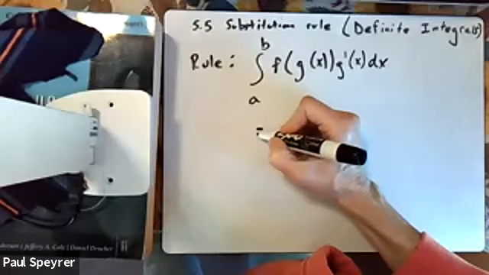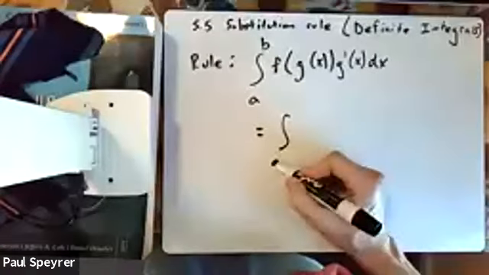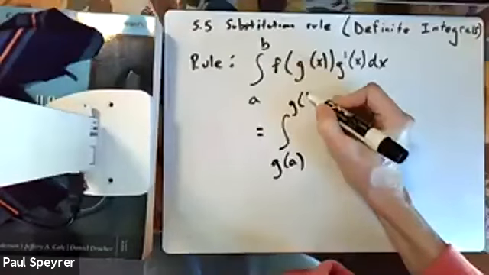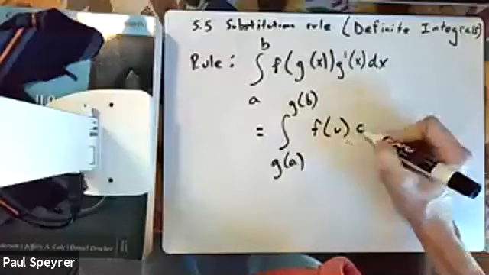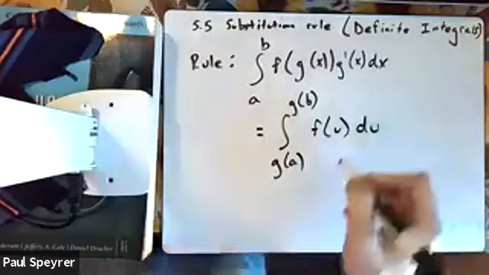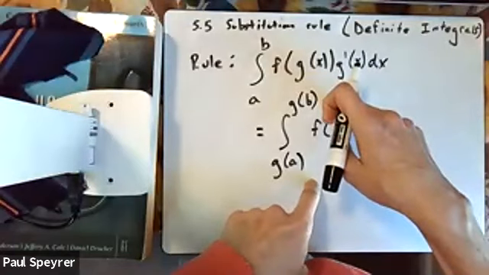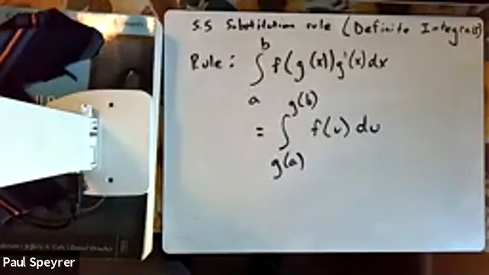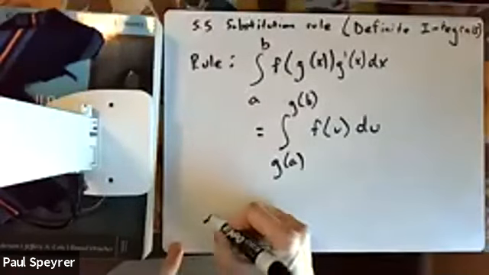Well, now, because we have limits, we're going to have g of a and g of b as your limits of f of u du. Pretty much they only added these two little limit parts right here. How does that affect the problem? Well, let's check out a few. So we'll start with this.